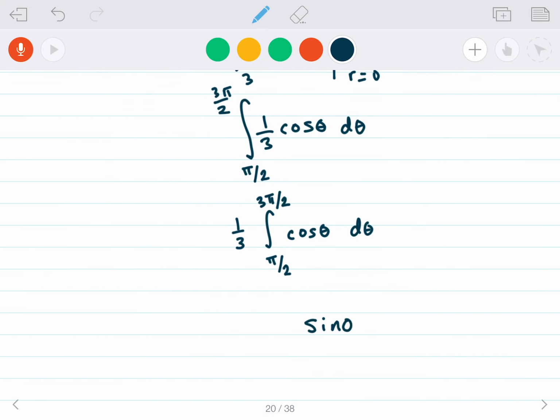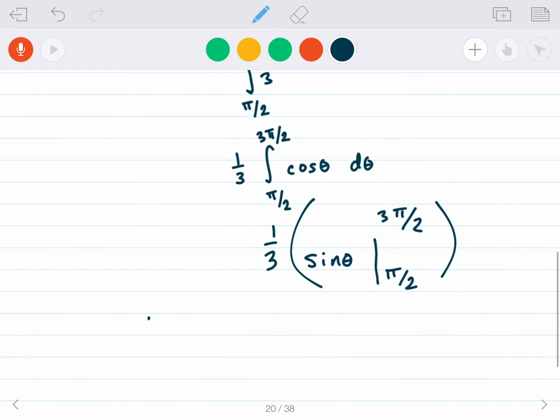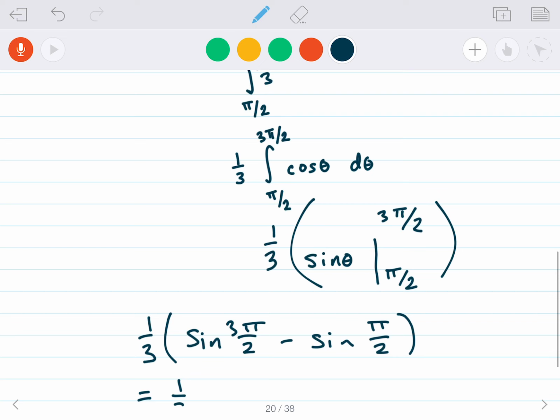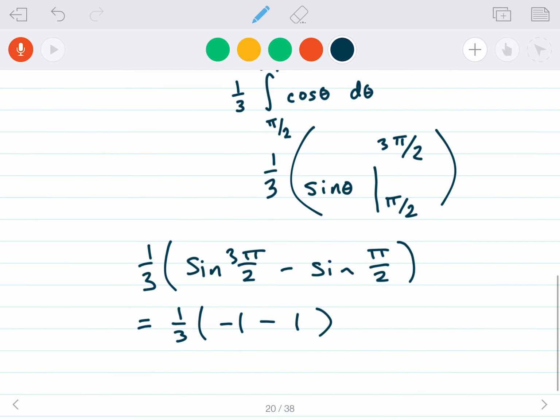I'm going sine theta from pi over 2 to 3 pi over 2, and I still have that 1/3 in the front. So we have a third times sine of 3 pi over 2 minus sine of pi over 2. So this is a third times negative 1 minus 1. So it's negative 2/3 is our answer there.